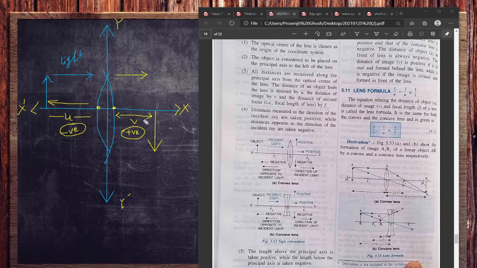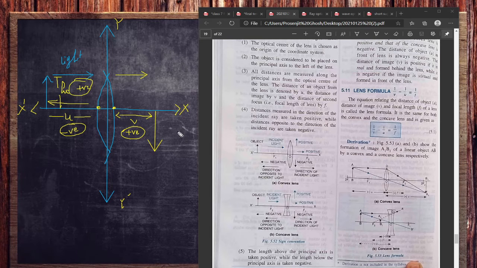Coming to position along the y-axis. The things that depend upon the y-axis are the height of the image and the height of the object. The object is along the positive y-axis, so the height of the object, ho, will be positive.